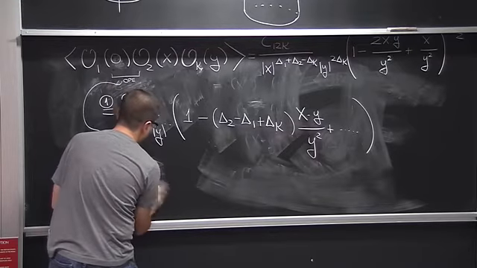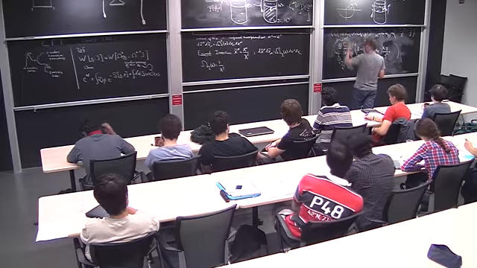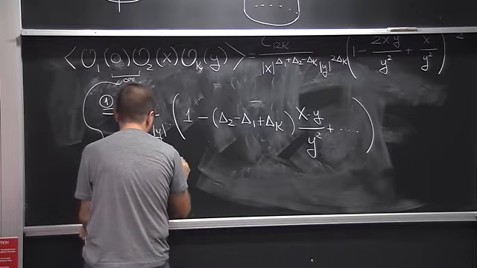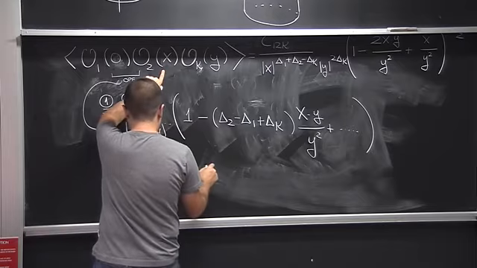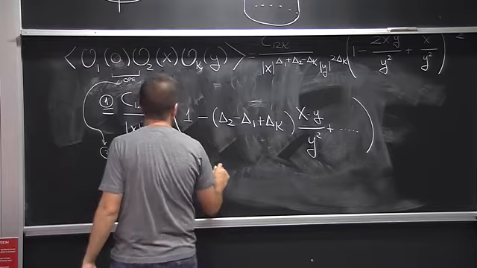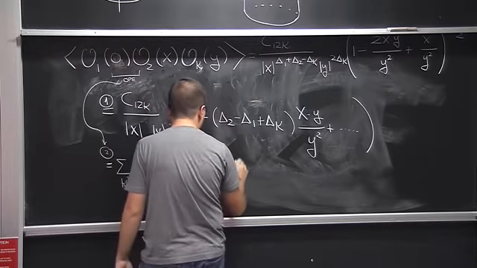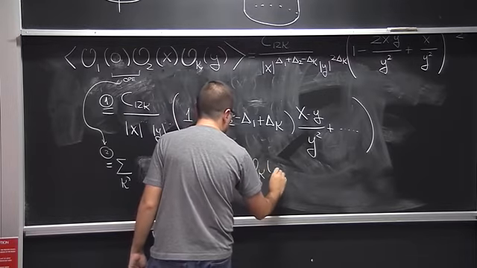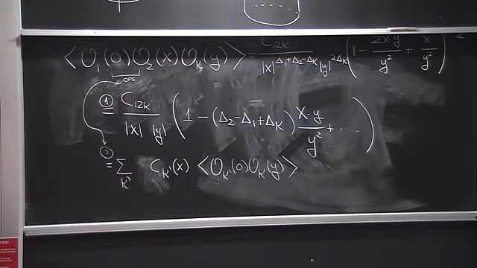Now, I actually will write it explicitly. I want to do it like that. Times c_{12k'}(x) times the operator O_{k'} at 0, O_k at y. Right? That's the first term.